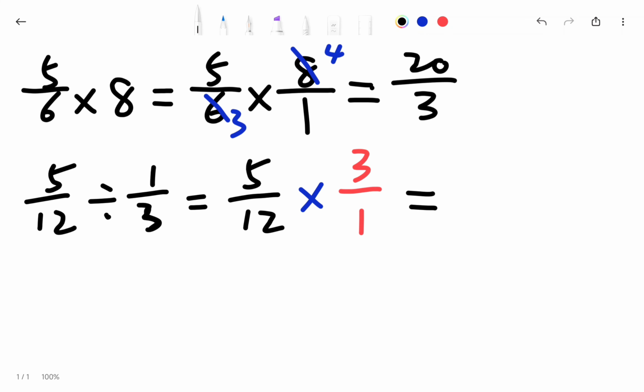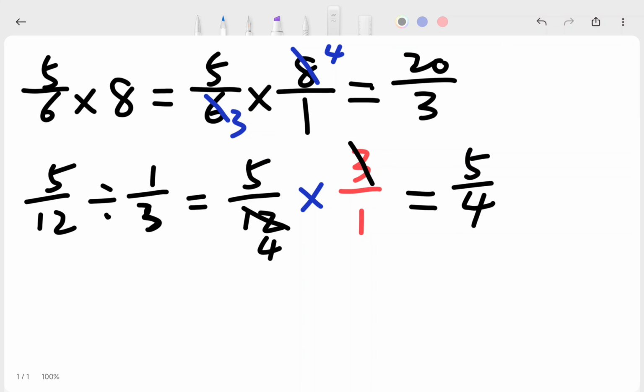Now always remember to simplify. So the answer is 5/4. Let's have a look at another example. When we divide a fraction by an integer, with what you've learned so far, fear no more.